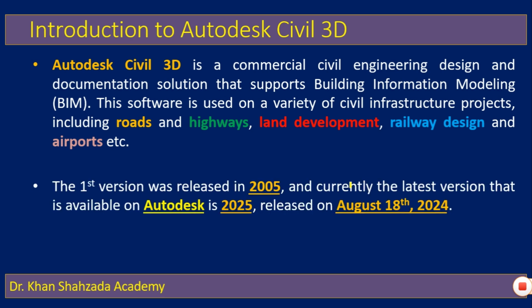The first version of this software was released back in 2005, and currently the latest version available on the Autodesk website is Civil 3D 2025, released in August 2024. So the history of AutoCAD Civil 3D is 20 years.